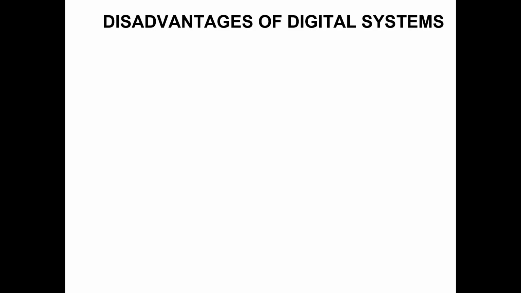Disadvantages or limitations of digital systems. We are in an analog world. Most of the processes are analog in nature. When these processes or quantities are processed and expressed digitally, we are really making a digital approximation to an inherent analog quantity.